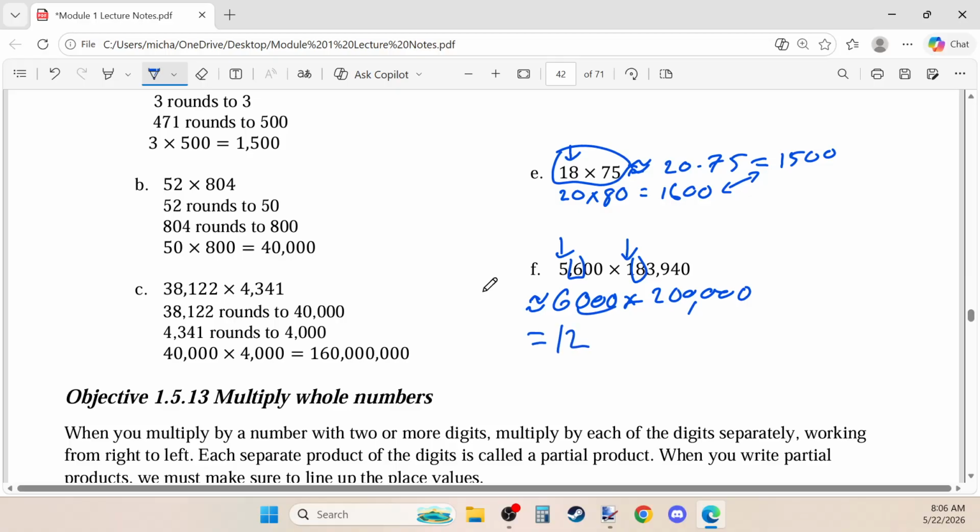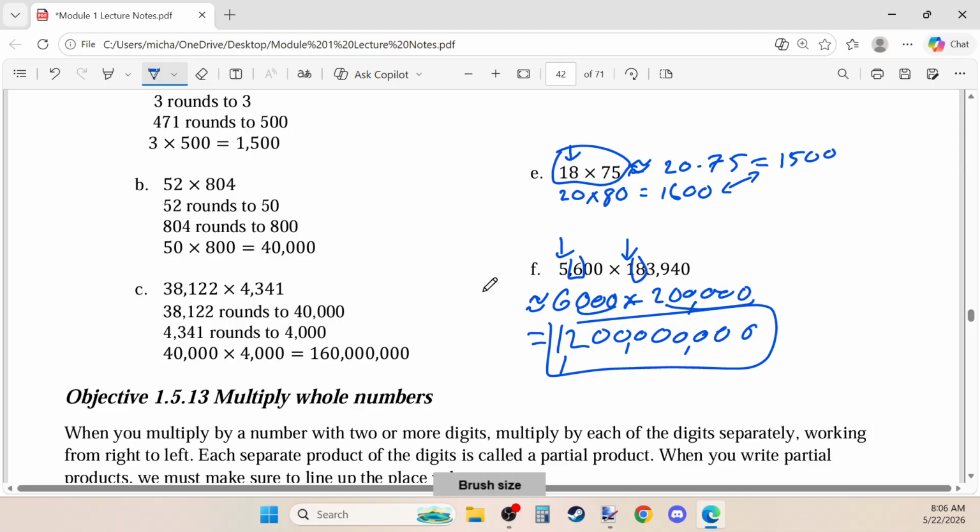And then I have 3 plus 5, that's 8 zeros. And there's my approximation. It's about 1.2 billion. A big number.